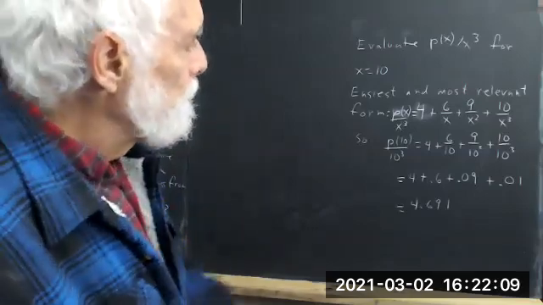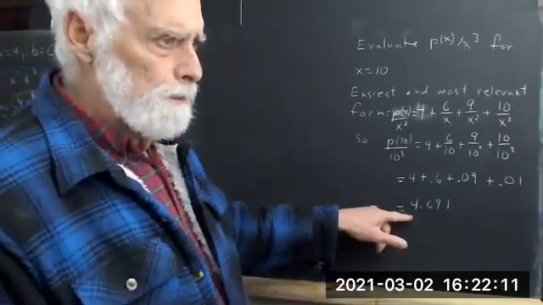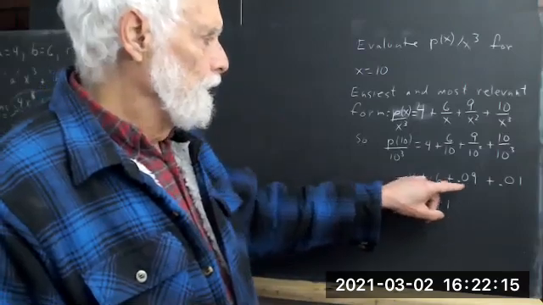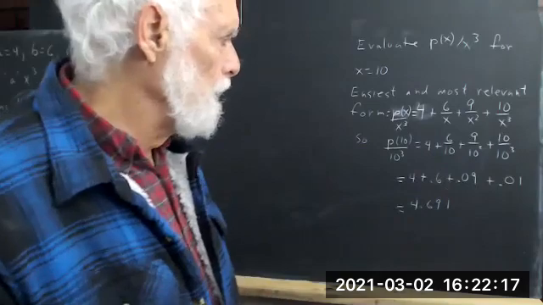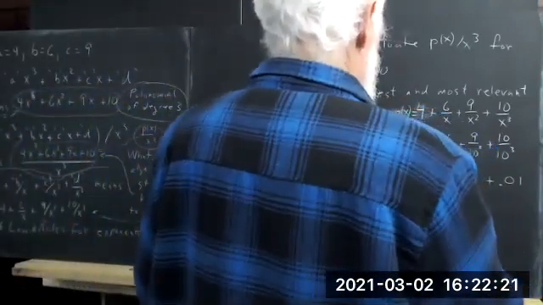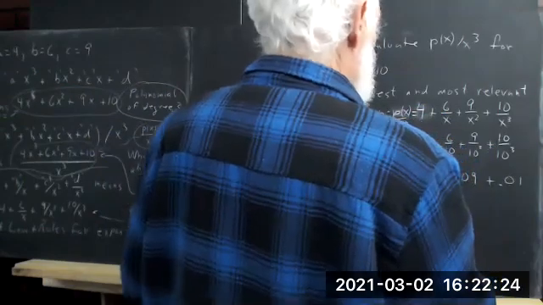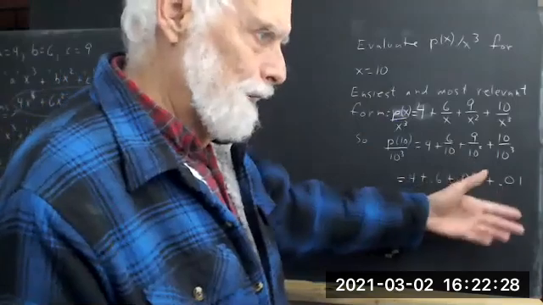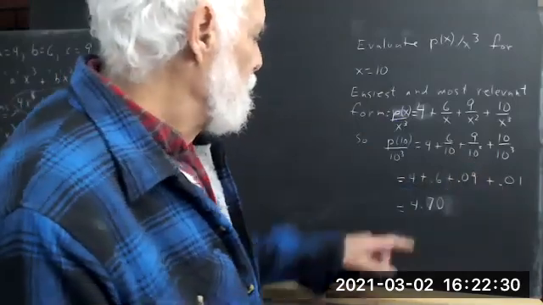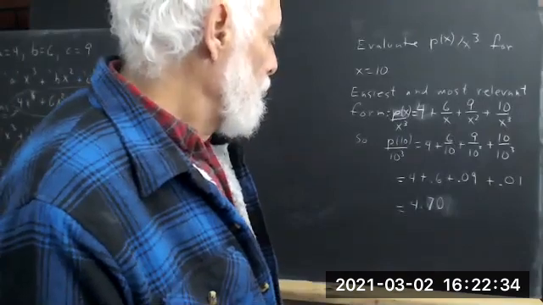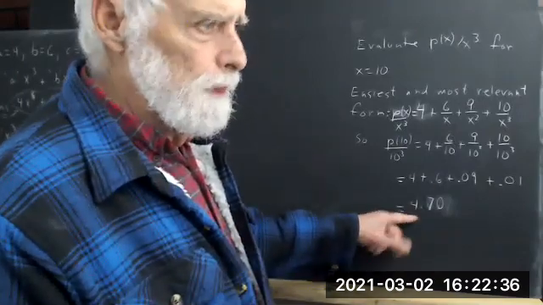Now we notice that this number consists mostly of this 4, the 0.6, the 0.09, and the 0.01, and it isn't 691, it's actually 4.70. I say it's easy to do these calculations of powers of 10, but I'm a little careless there. Okay, we get 4.70. That's kind of close to 4, but not that close.